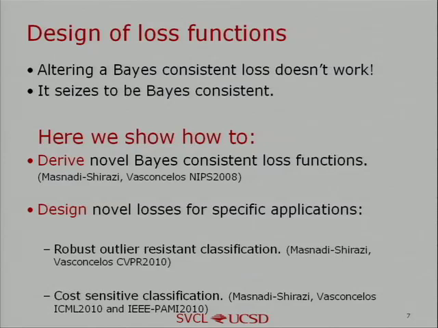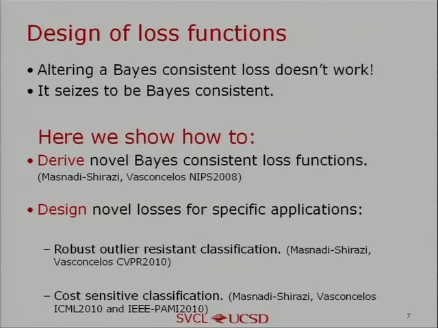So these problems and questions were previously known, and researchers generally would try to start off with a known Bayes-consistent loss function, and in order to alter it to their application, they would either make alterations to the loss directly or alter the classification algorithm derived from the loss.